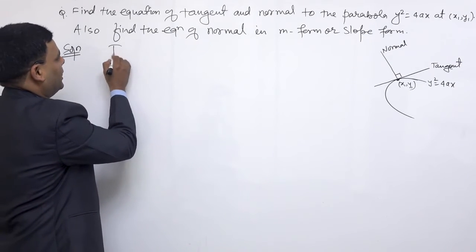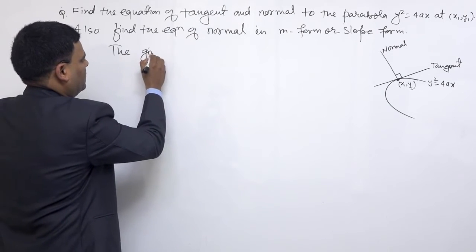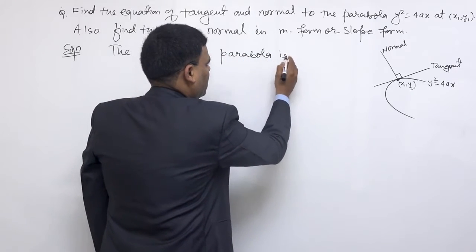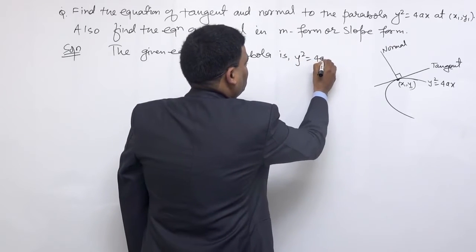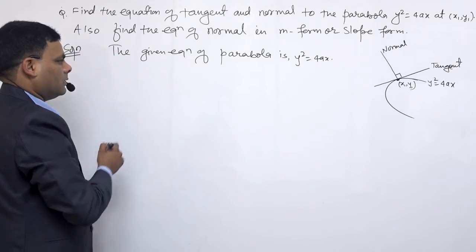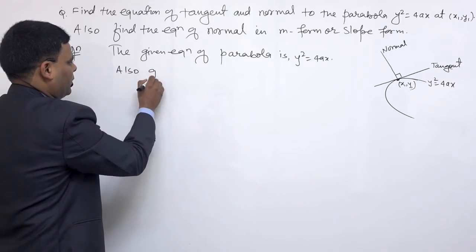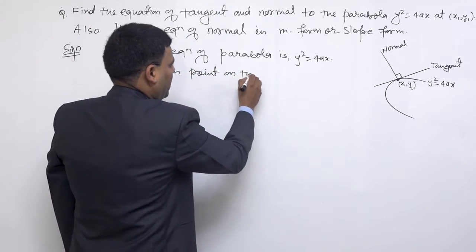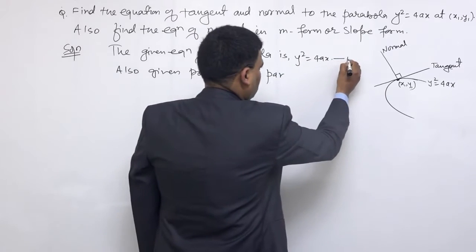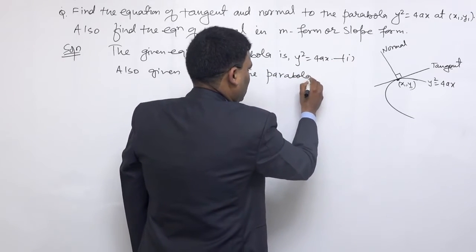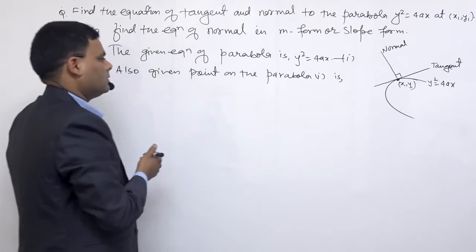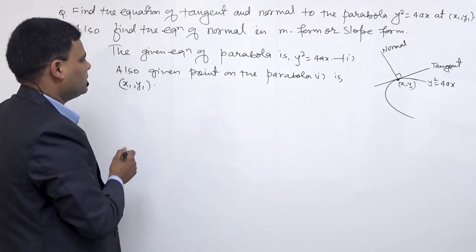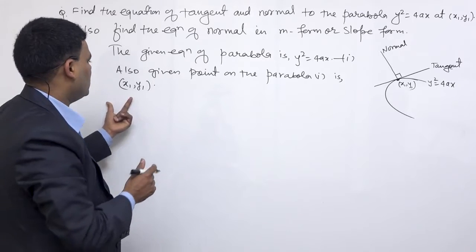The given equation of parabola is y square equals to 4ax. Also the given point on the parabola 1 is x1 y1.